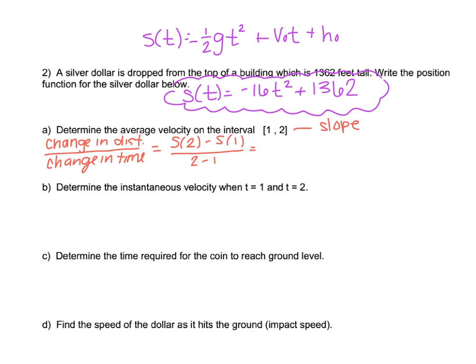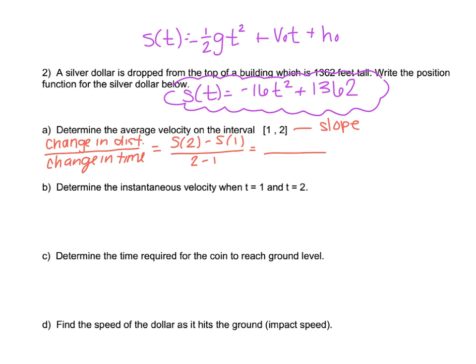So all you need to do is grab a calculator and plug in 2 to the position function. If I want to know the height at 2 seconds minus the height at 1 second, we're going to plug in 2, so negative 16 times 4 plus 1362. That's 1298.